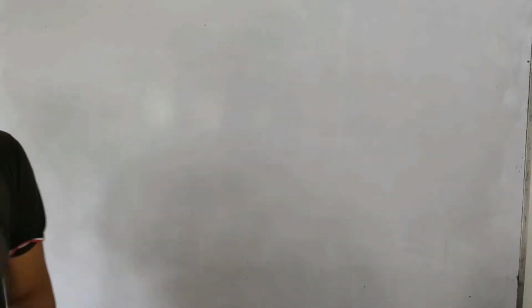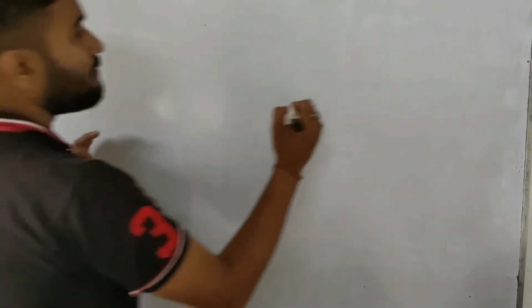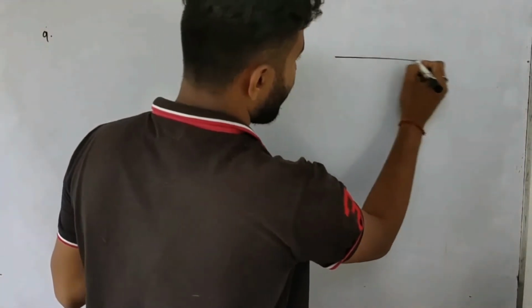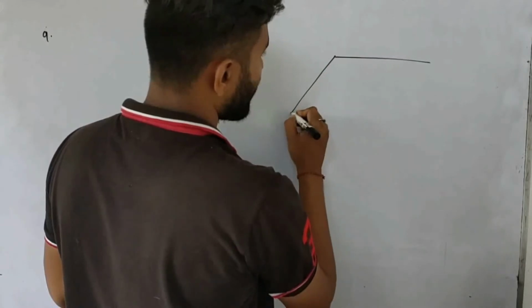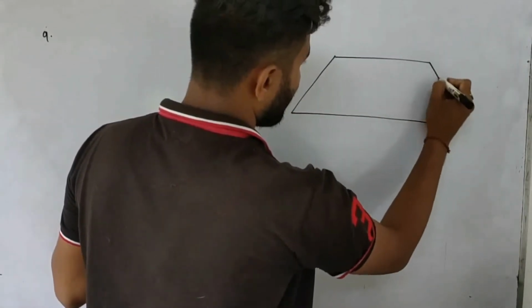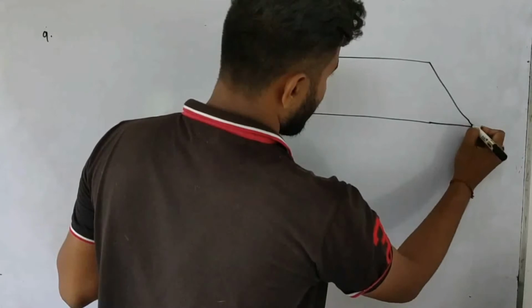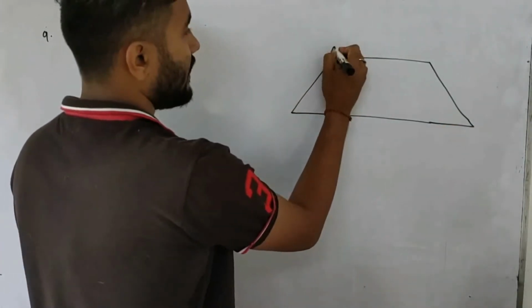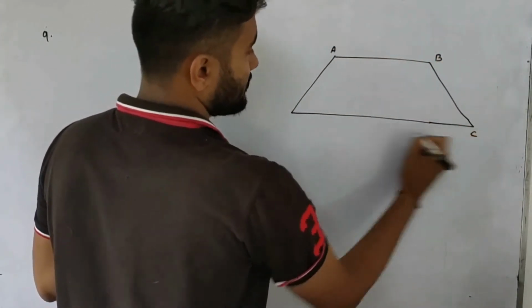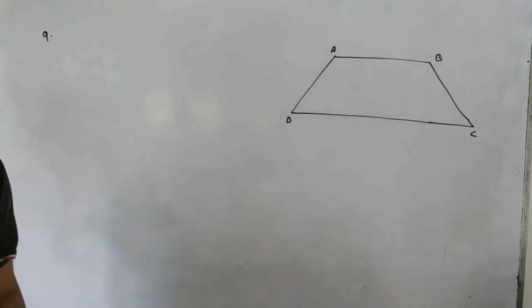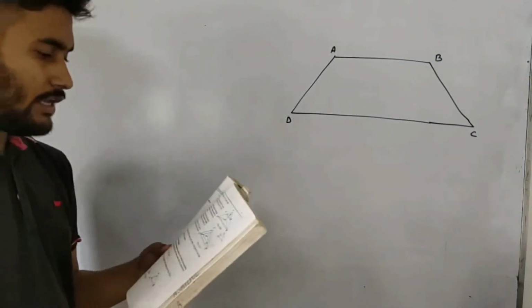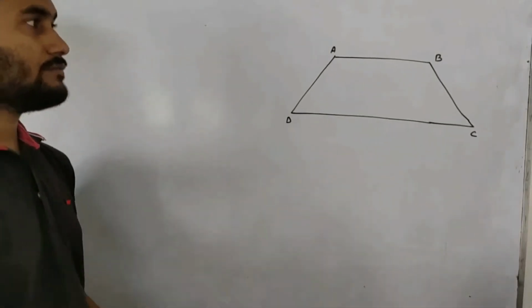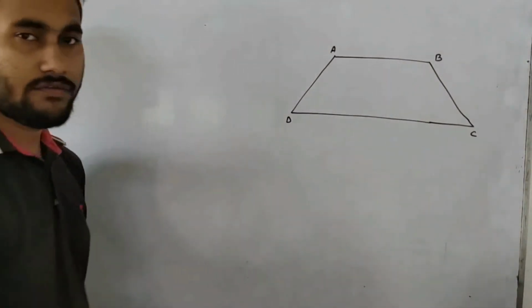Number 9. ABCD is a trapezium. So draw a trapezium. So this is A, B, C, D. ABCD is a trapezium in which AB is parallel to CD, very clearly.